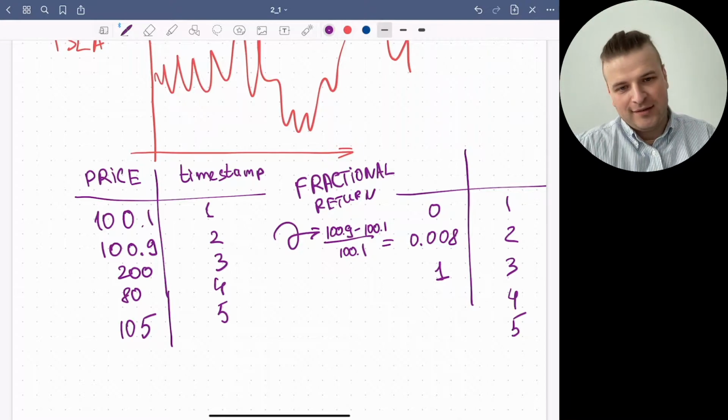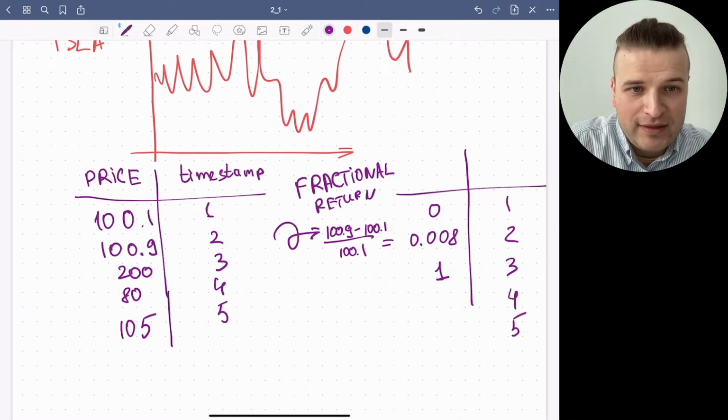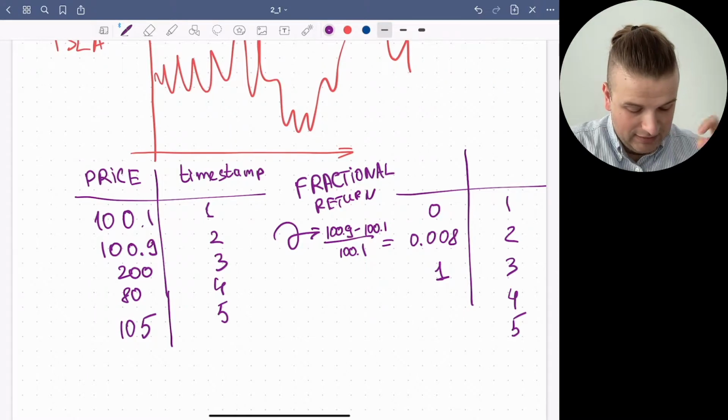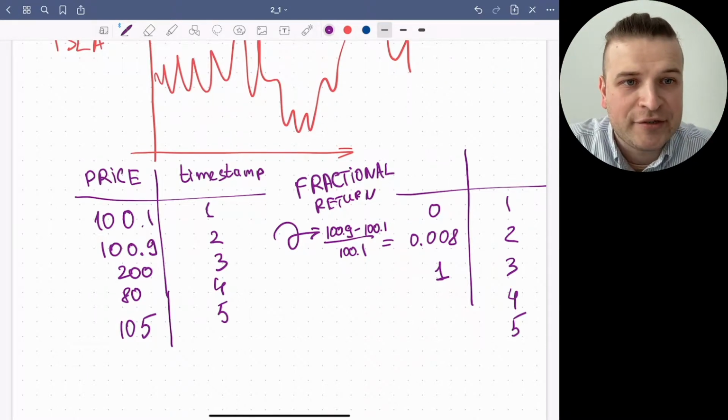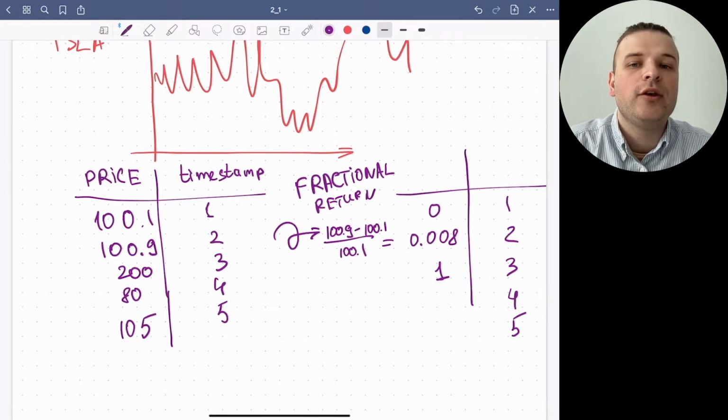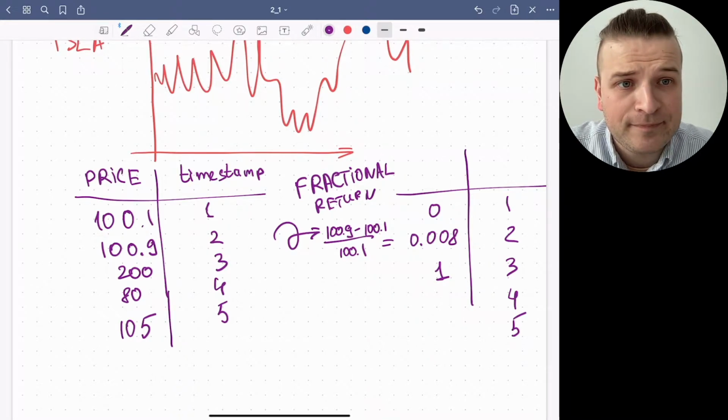Next day, the price decreases, which means that your fractional return will be negative.